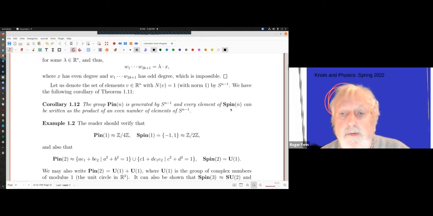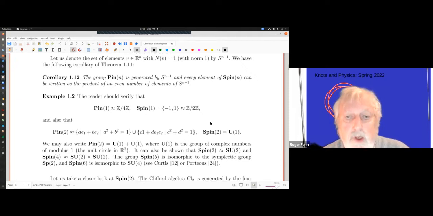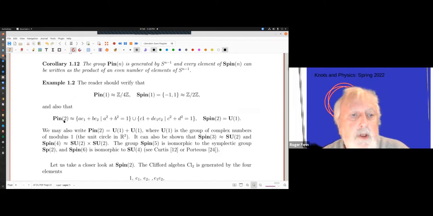And every element of Spin can be written as a product of an even number of elements of S^(n-1). And the reader should verify that Pin(1) is Z over 4Z, integers mod 4, and Spin(1) is the integers mod 2. It's easy enough.